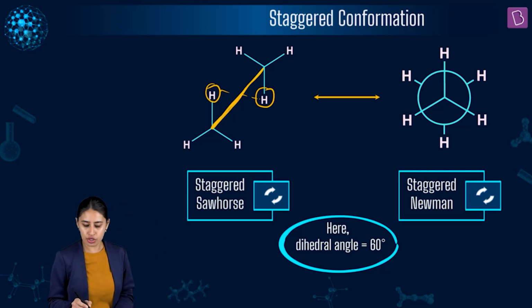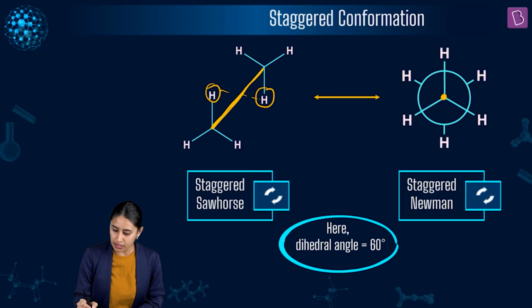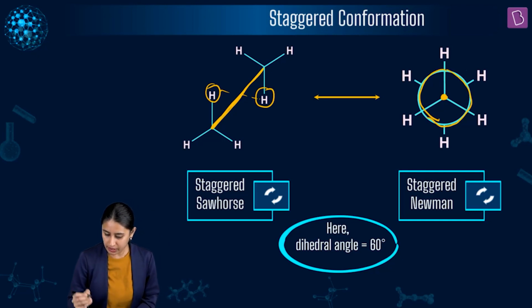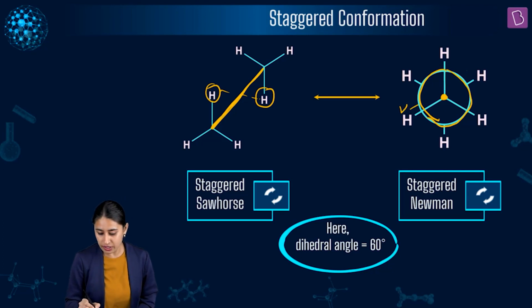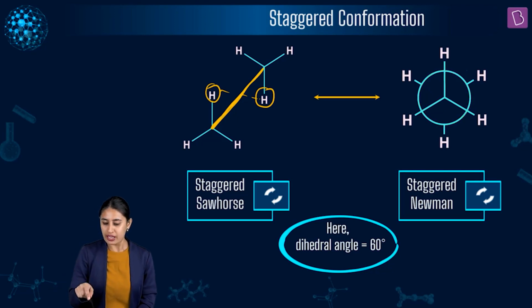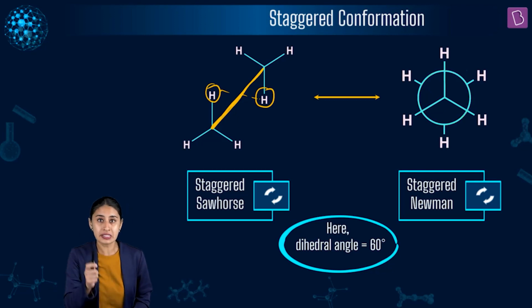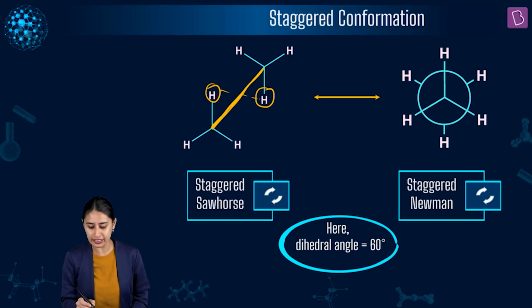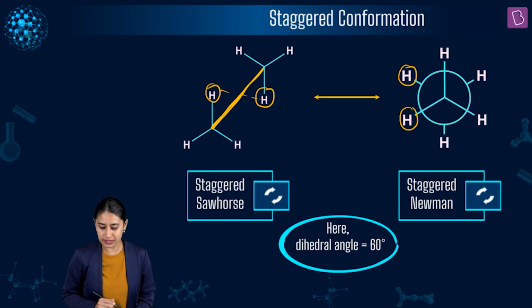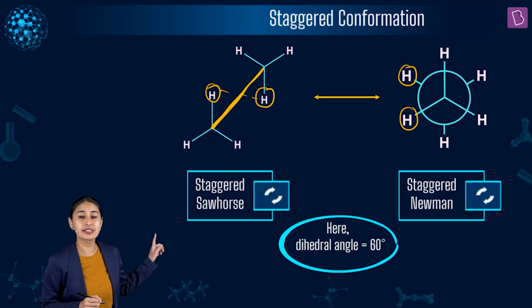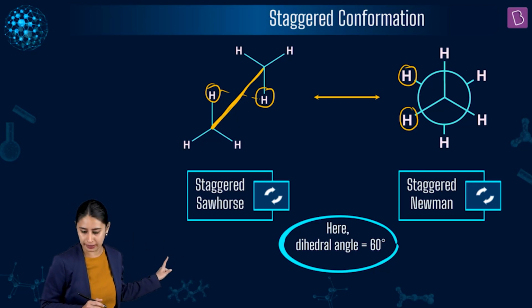Check now around the Newman projection. This is carbon 1, this is carbon 2. In the eclipsed, we were writing just behind the first hydrogen the other hydrogen, if we were making it for ethane. But if we make the staggered conformer for ethane, check this out. The dihedral angle out here is 60 degrees for ethane.